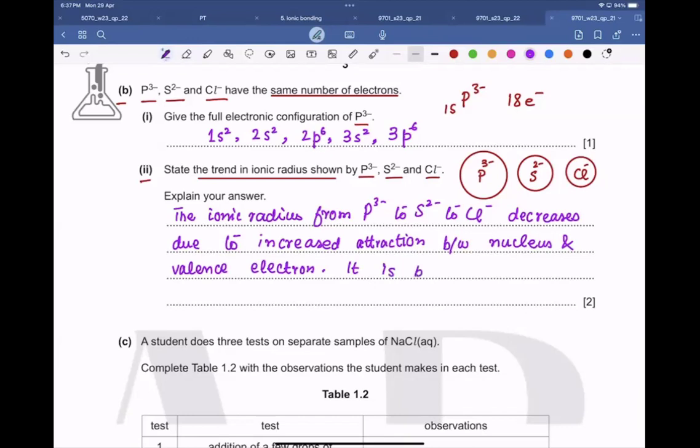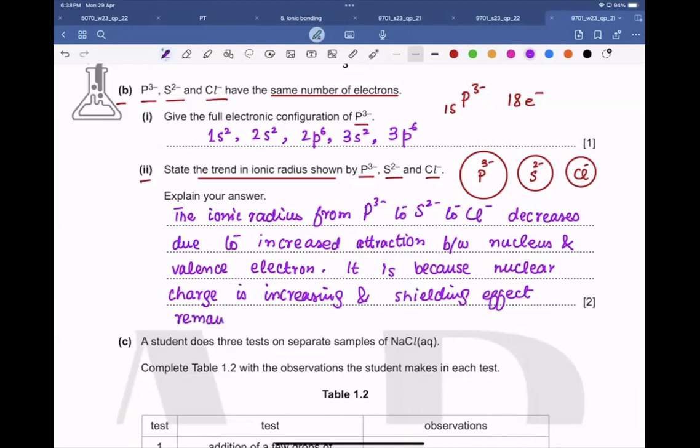It is because nuclear charge is increasing and shielding effect remains same.